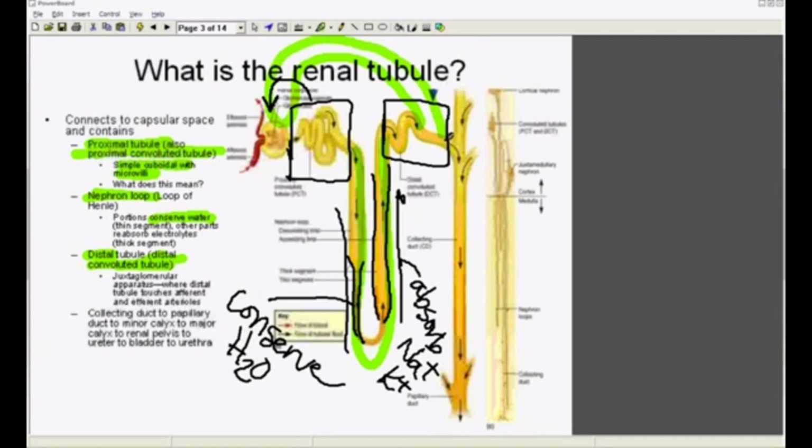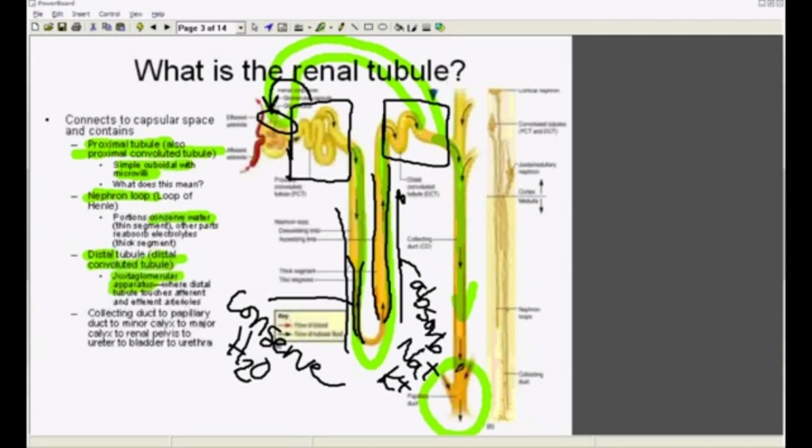They didn't draw that in there as they should have. But we will learn later that in this region where it nestles up close to the glomerular capsule there is a region called the juxtaglomerular apparatus, and that's where we do some regulation of how much urine is being formed. From here, the urine that's been forming in this tubule enters into the collecting duct. The collecting duct goes into a papillary duct where we're collecting the final urine.